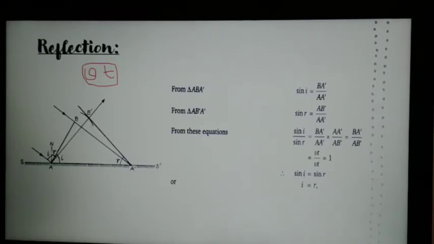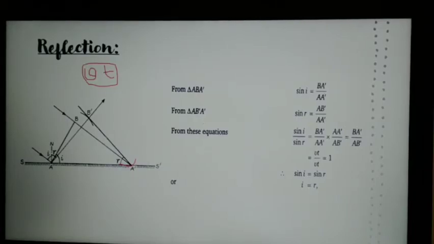Then from this A dash, you make a tangent to this wavelet. From the point B, you are making a wavelet here with a radius Vt. From the point A also, you have to make a wavelet, and that is B dash. So the tangent drawn between A dash and B dash, these two wavelets, will give you the secondary wavefront.